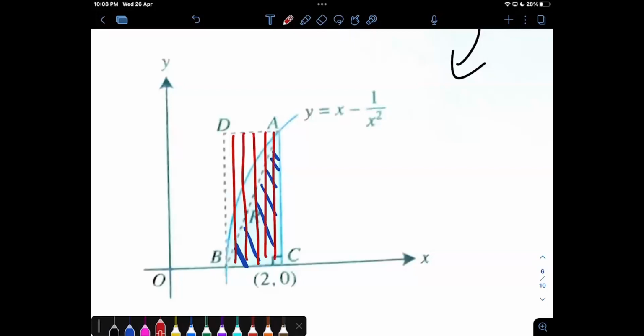Can you see? The blue color is actually a triangle, and the red color is a rectangle. So the curve is somewhere in between. Okay? Make sense? So what you're supposed to do is just state that the area of the triangle ABC is less than the exact integral, which is less than the area of rectangle ABC. Okay.